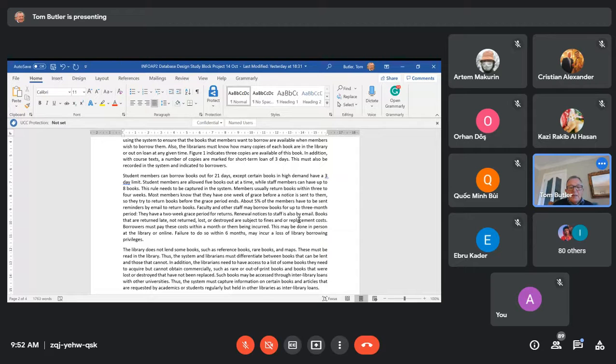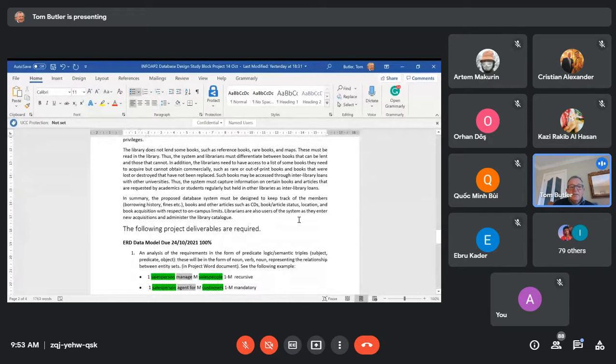And also status could be returned, lost, or destroyed, in which case, depending on the status, fines may need to be paid, or the replacement cost of the book obtained from the borrower. But those are processes. All we need to do is record the status of the book, right?